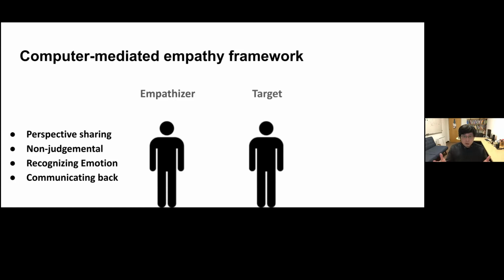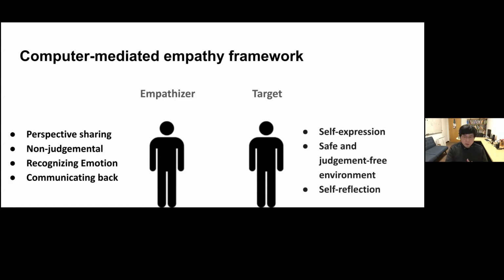But we could also do something for the target with technology. One thing that we could do is to help them express themselves, because you should be willing to effectively express your emotion and what's going on, so that you can share the context that you're in with other people, so that you could be understood. And then we should create a safe and judgment-free environment.